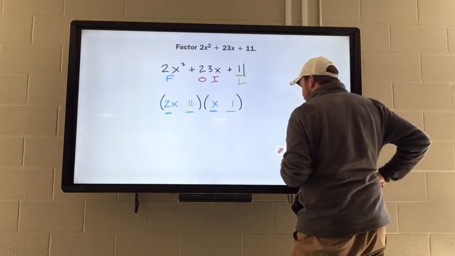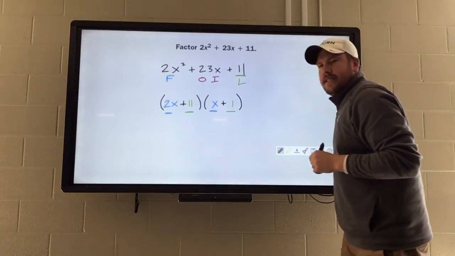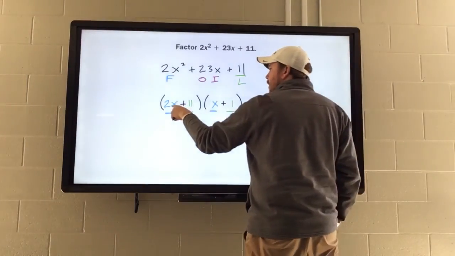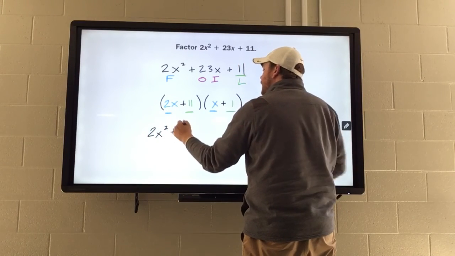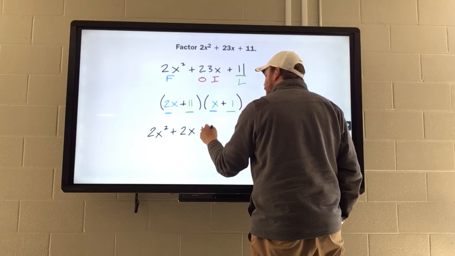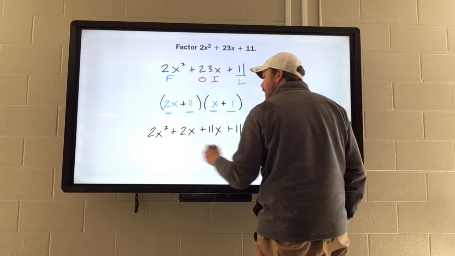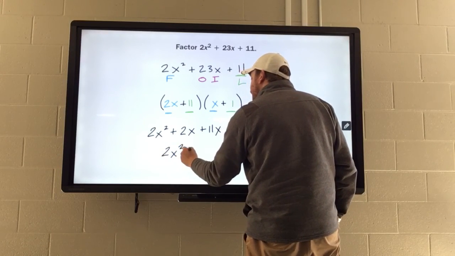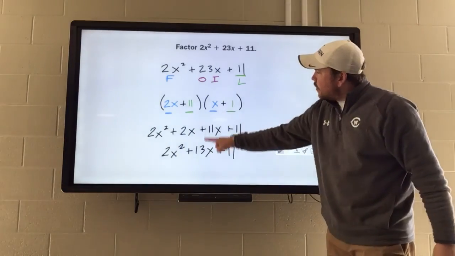Let's see if it works. We're going to test this by doing FOIL. First, 2x times x is 2x squared. Outside, 2x times 1 is 2x. Inside, 11 times x is 11x. And last, 11 times 1 is 11. That leaves me with 2x squared plus 13x plus 11. Shoot, it didn't quite work.